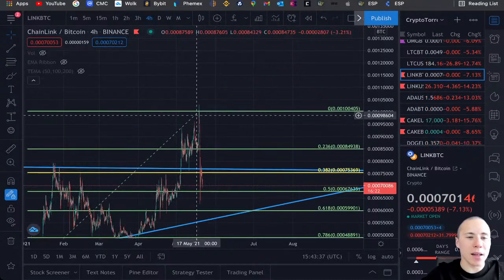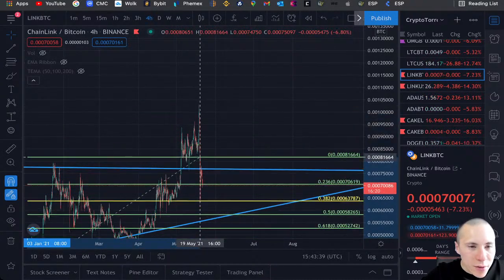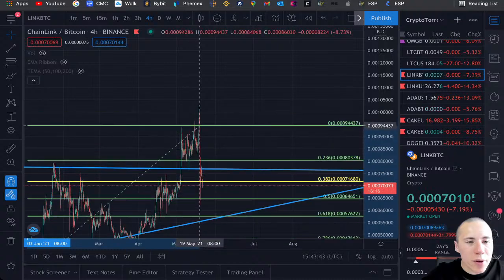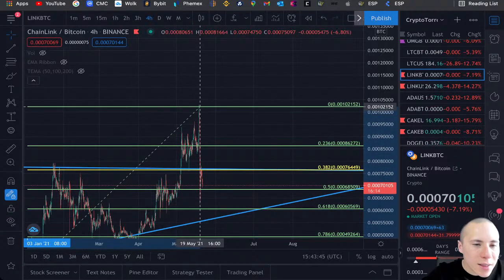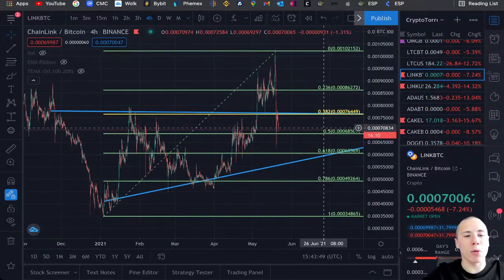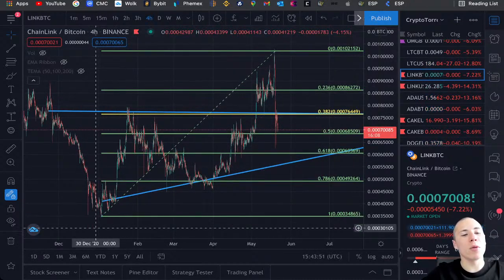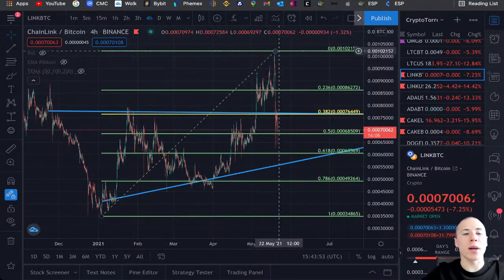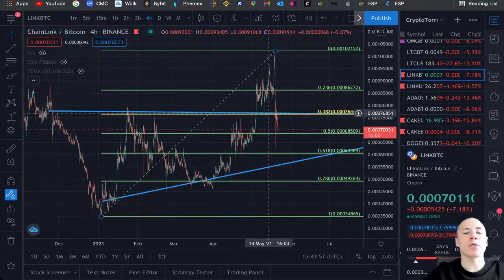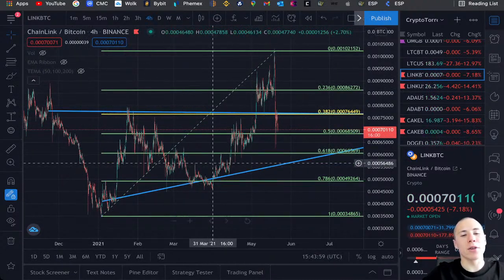I'm not selecting the entire overall trend, but just the trend of the previous weeks. Unfortunately, it is not selecting the highest wick point as I wanted, but I selected from swing high towards swing low to see where we will be finding support and resistance levels during this uptrend.